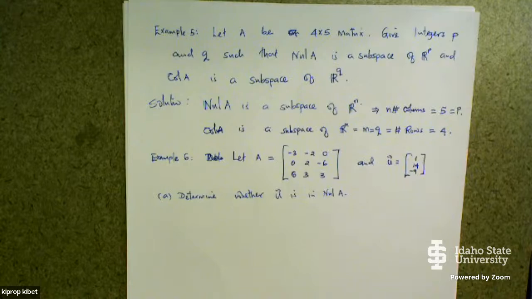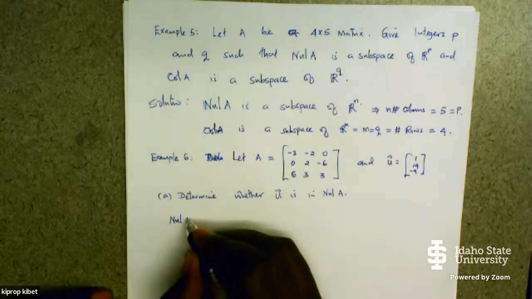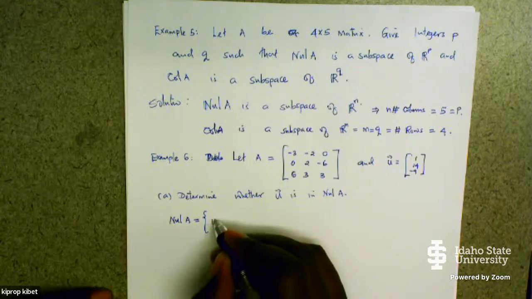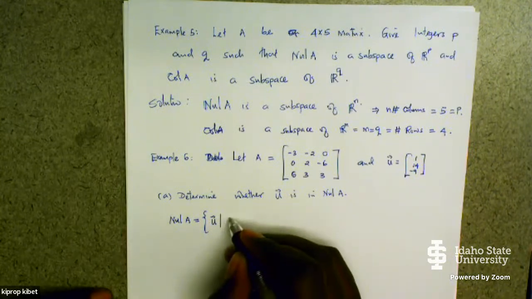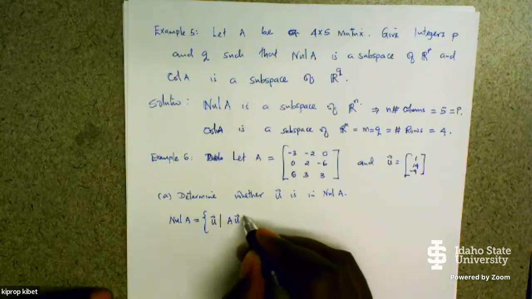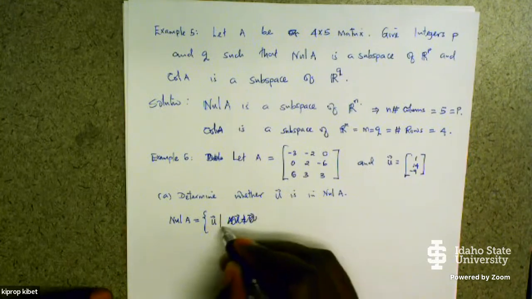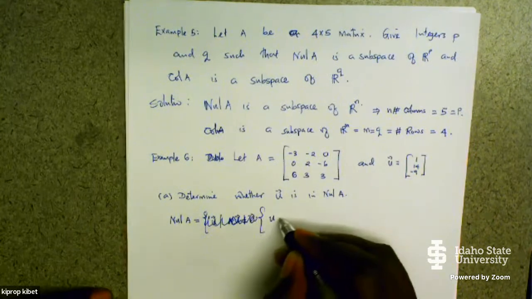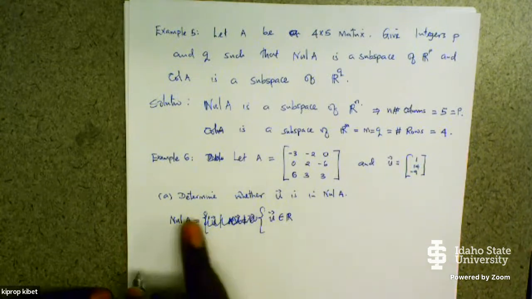So what we do here is we know that the null space of A is the set of U such that A of U is equal to 0, and this U is an element of R3 in our case.